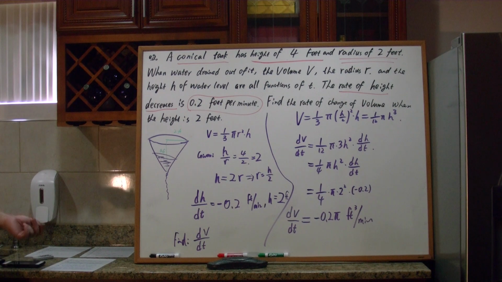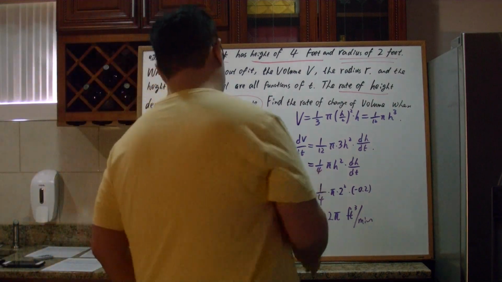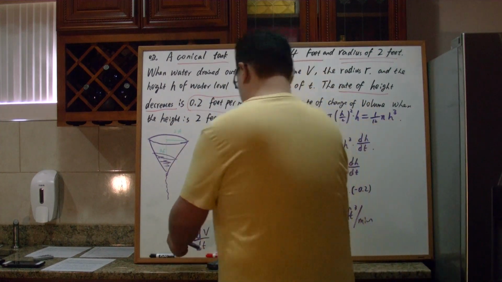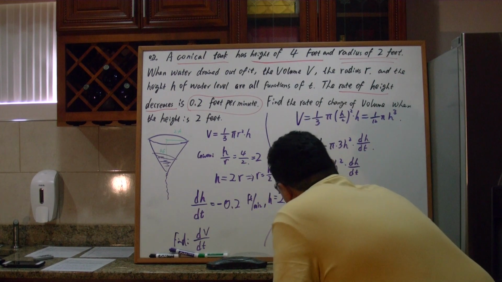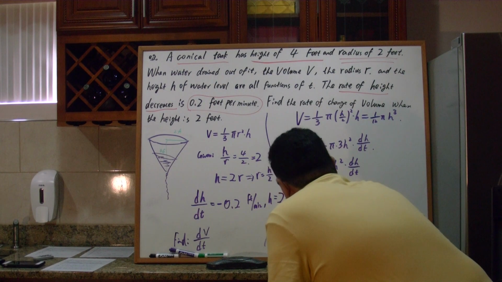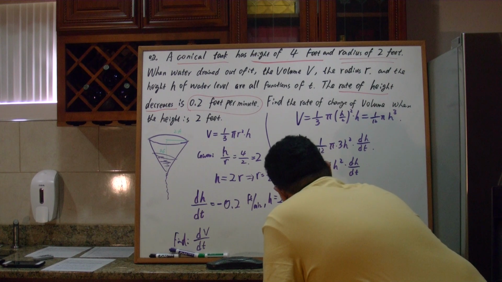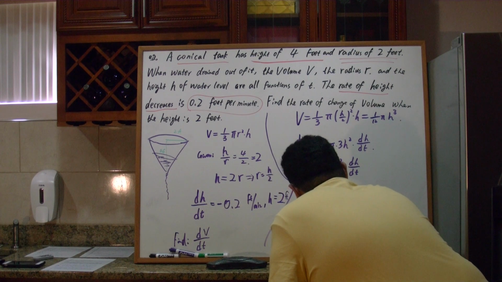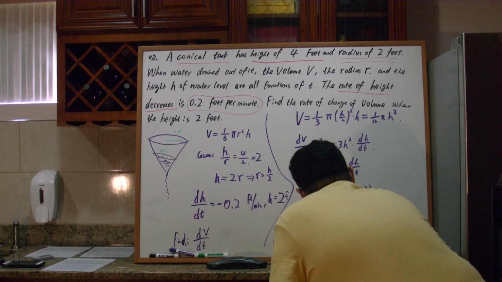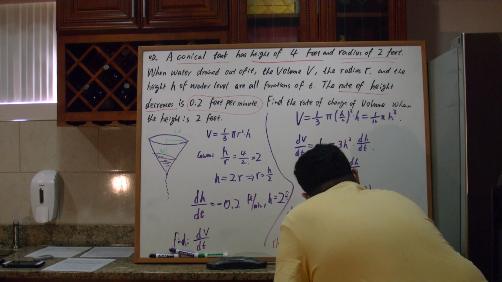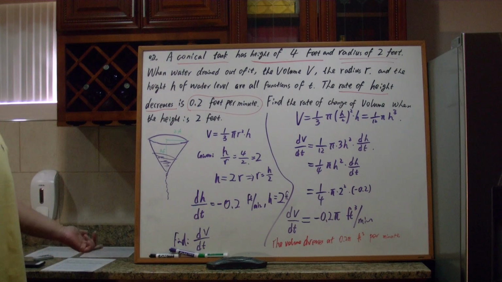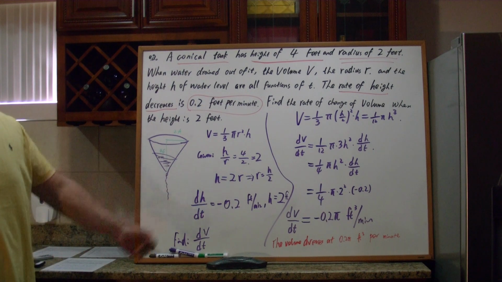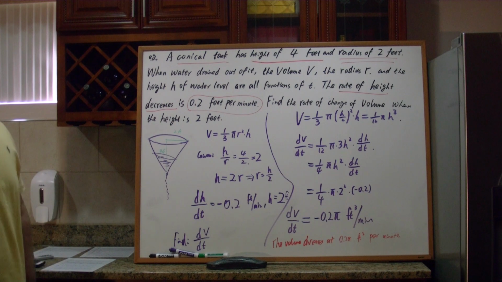If you want to write a conclusion: the volume decreases at 0.2 pi cubic feet per minute. So the negative shows that the volume is decreasing at the rate of 0.2 pi cubic feet per minute.